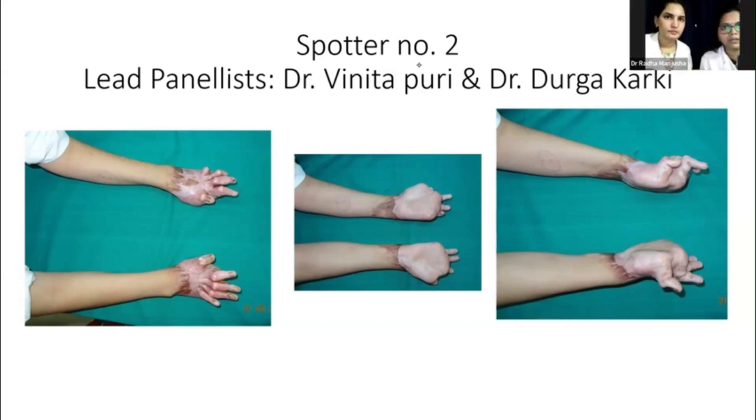Subluxation could be. What is the difference between dislocation and subluxation? In subluxation, there is some contact of the articular surfaces which is still being maintained, whereas in dislocation, there is no contact between the articular surfaces and the joint is dislocated.